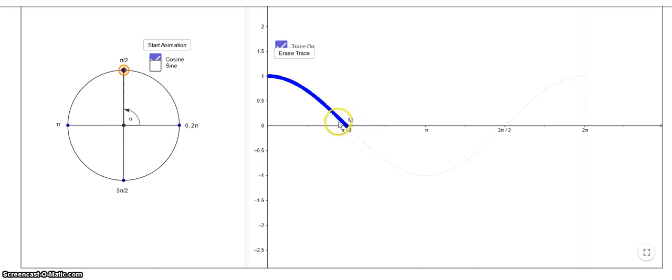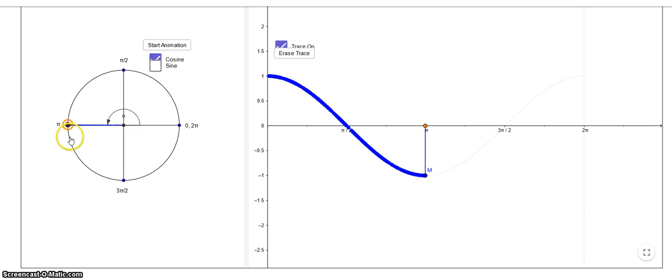Notice the cosine graph is different from the sine graph. The cosine graph starts up high, and then it starts to come down. Once I get to pi over 2 and move into quadrant 2, between pi over 2 and pi, the x values are negative. So my cosine graph is going to go down below, until I get to pi, where it hits its low point at negative 1.